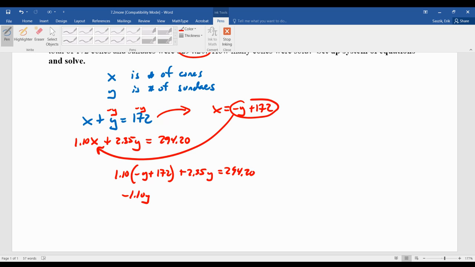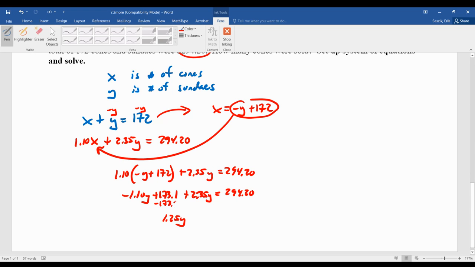Hold on, let me grab a calculator. It's 173.1. So let's combine the y's. So this and this would be 1.25y.